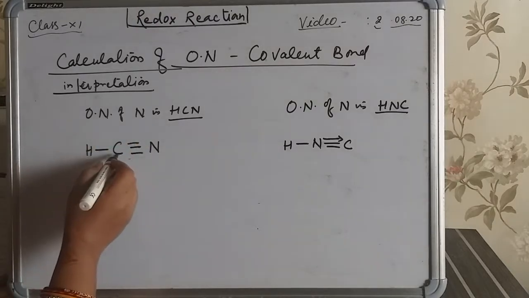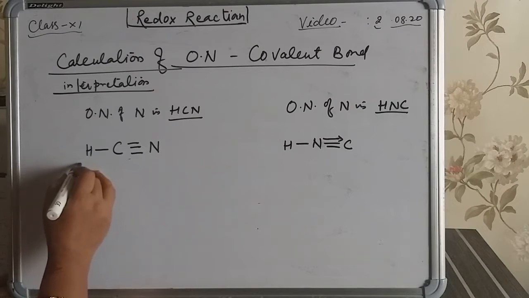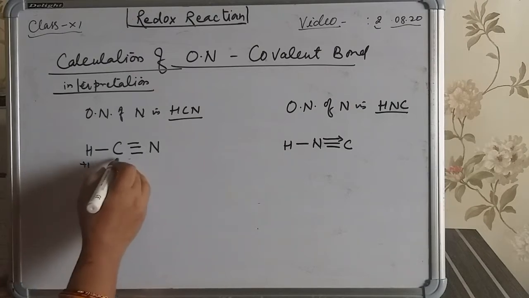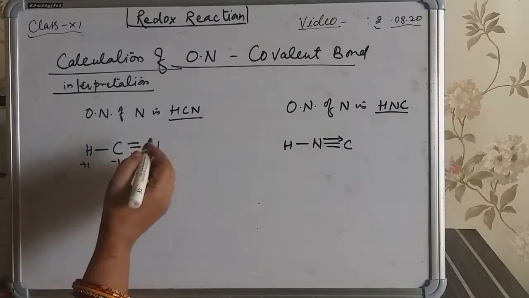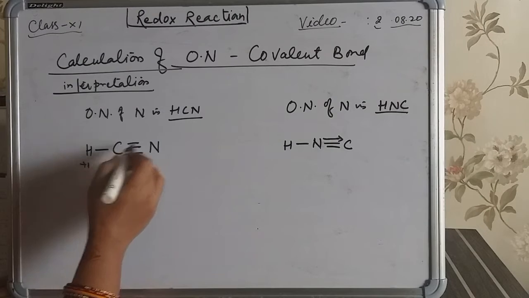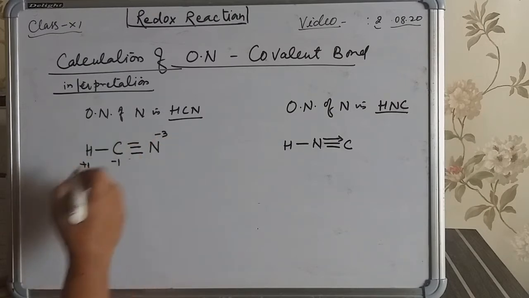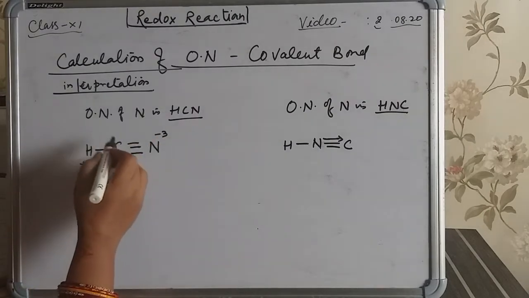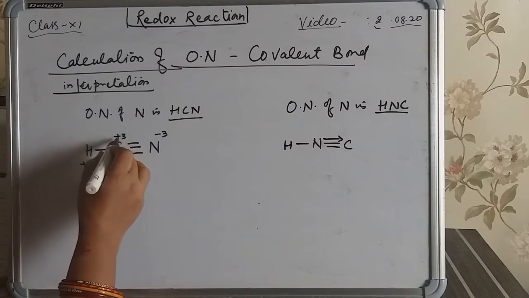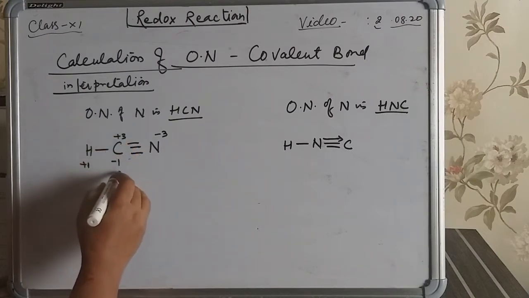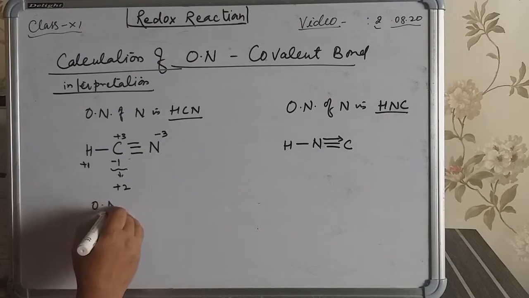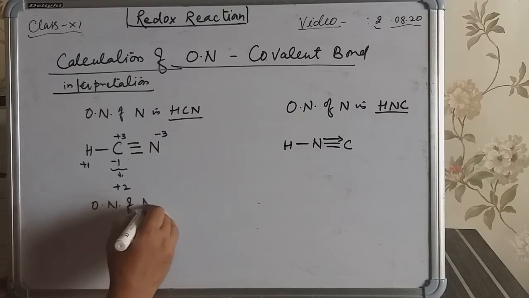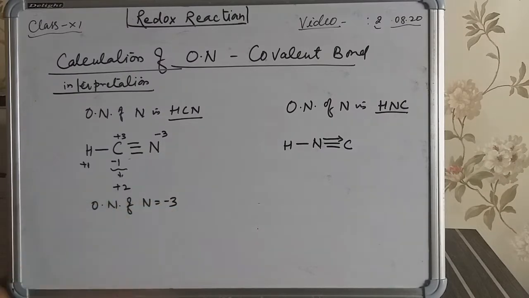As we know, carbon is more electronegative than hydrogen, so +1 charge appears on hydrogen and -1 appears on carbon. Nitrogen is more electronegative than carbon, so nitrogen acquires -3 charge and carbon acquires +3 charge. +3 -1, total charge present on the carbon is +2. So the oxidation number of nitrogen comes to -3.